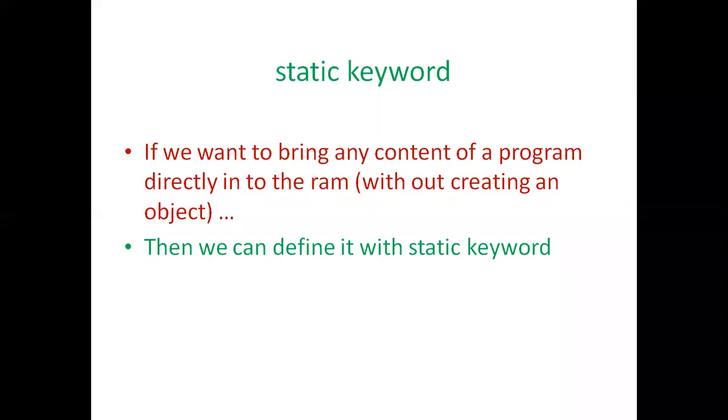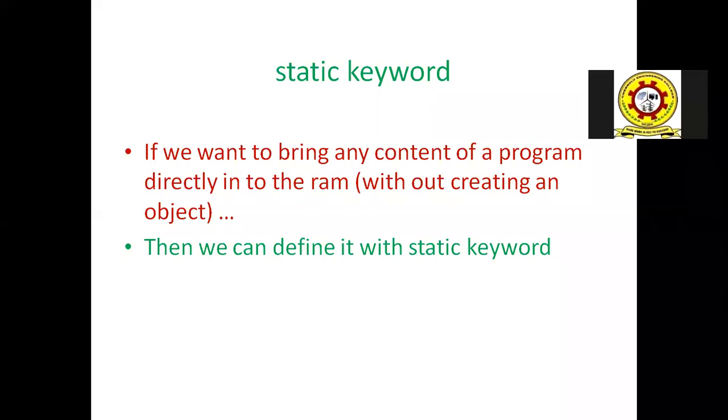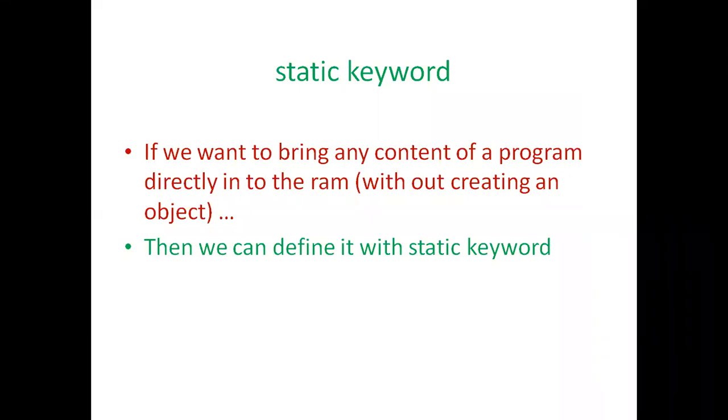The main use of the static keyword is that if you want to bring any content of the program directly into the RAM without creating an object, then we can define it with the static keyword. Let us consider there are some 100 lines of a program.